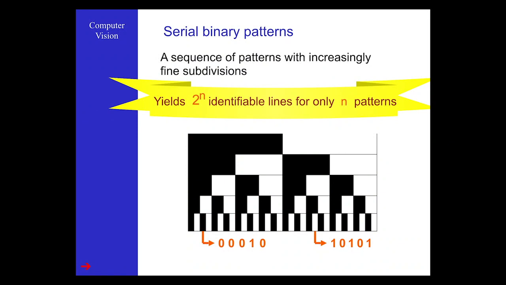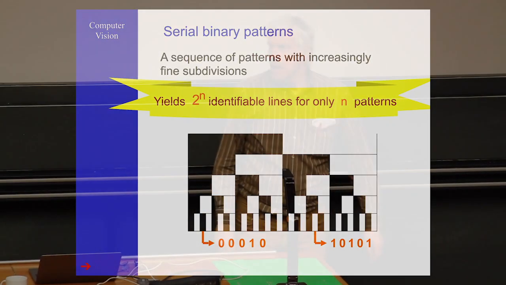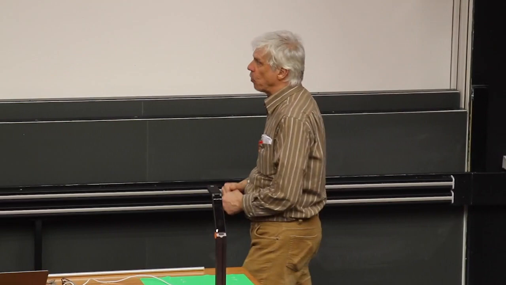So if you have n patterns, we have 2 to the power n identifiable lines. Goes up pretty fast. Okay. So the number of projections and therefore the acquisition time is much lower than what we have for a laser line scanner. That's the take-home message of this thing.